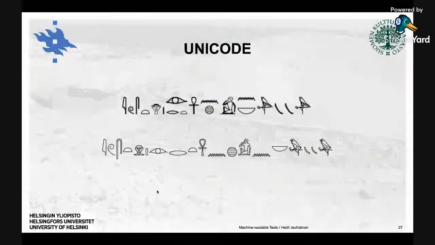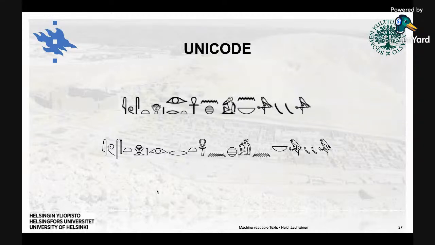Unicode is another kind of encoding. Since 2009, Unicode has included over 1,000 hieroglyphic signs. However, it was only possible to position the signs one after another, like in this lower example here.